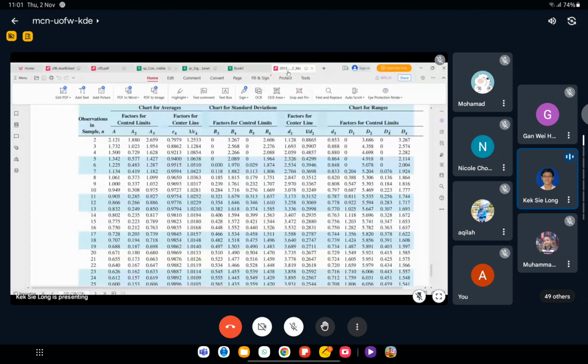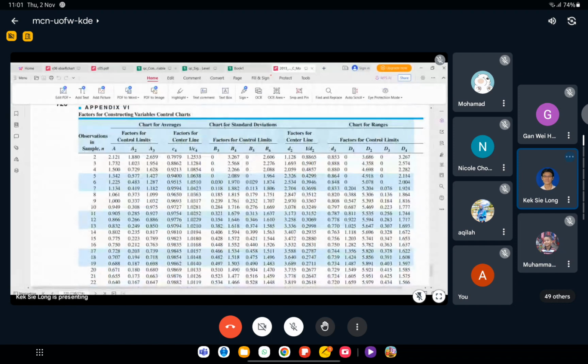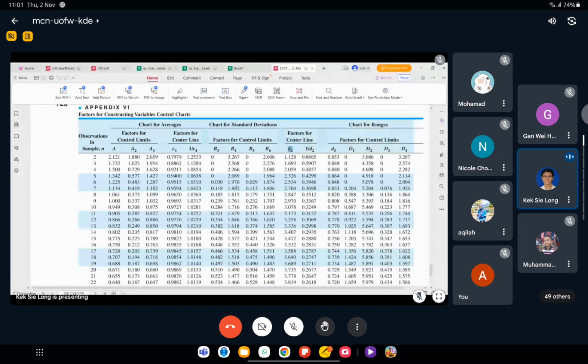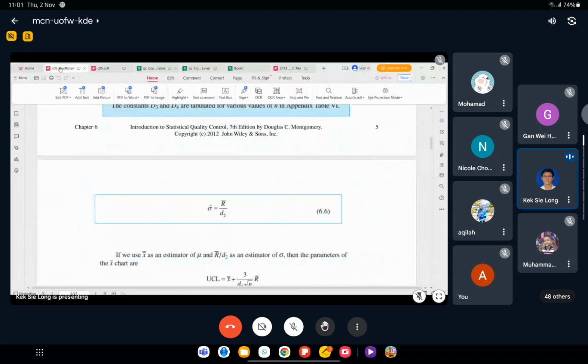We can read the D2 from here, chart for standard deviation, factors for center line, D2. You see, small d2. There are many d2 values, so we just select the corresponding n value to pick the appropriate d2 value. So now the calculation becomes much easier because certain values we read from the table.